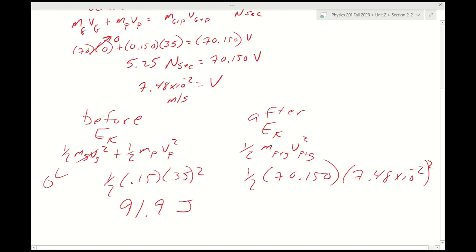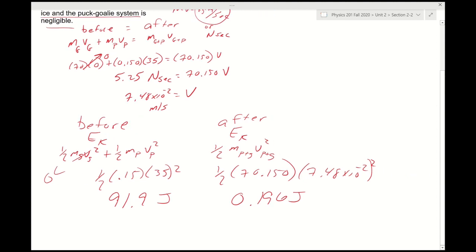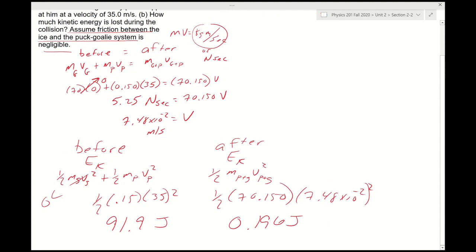After, we had a total energy of approximately 0.196 joules. Okay, so how much energy was lost?